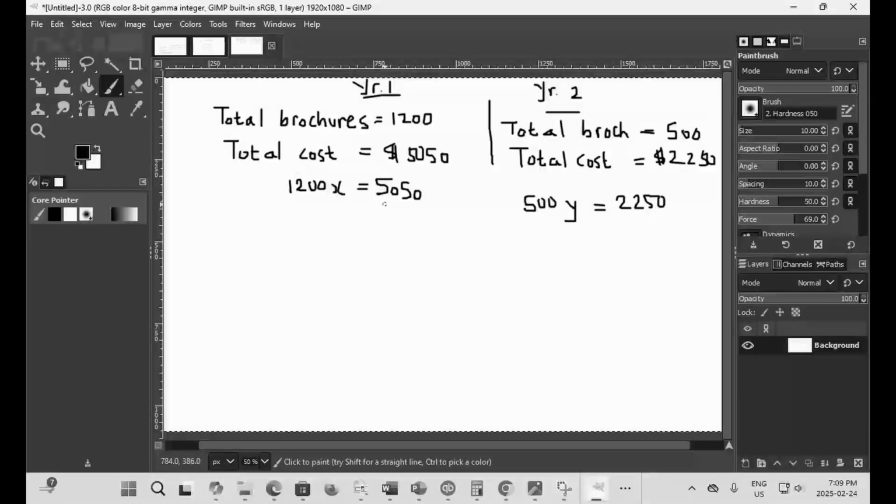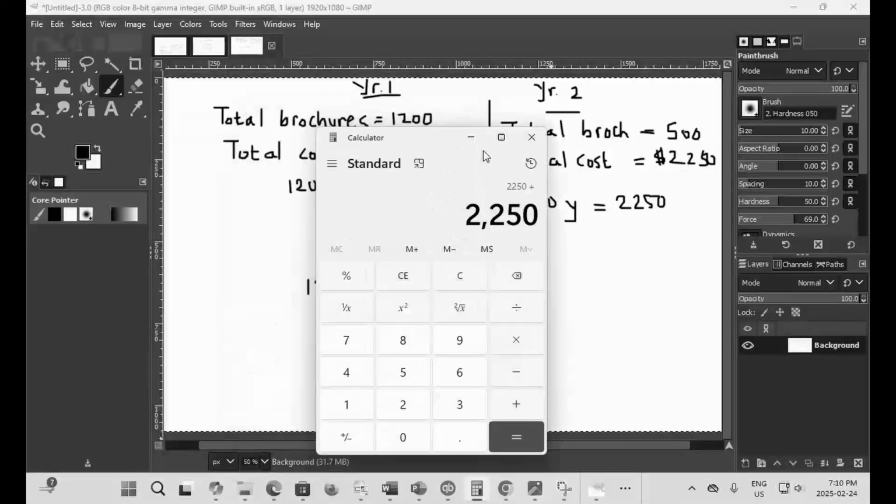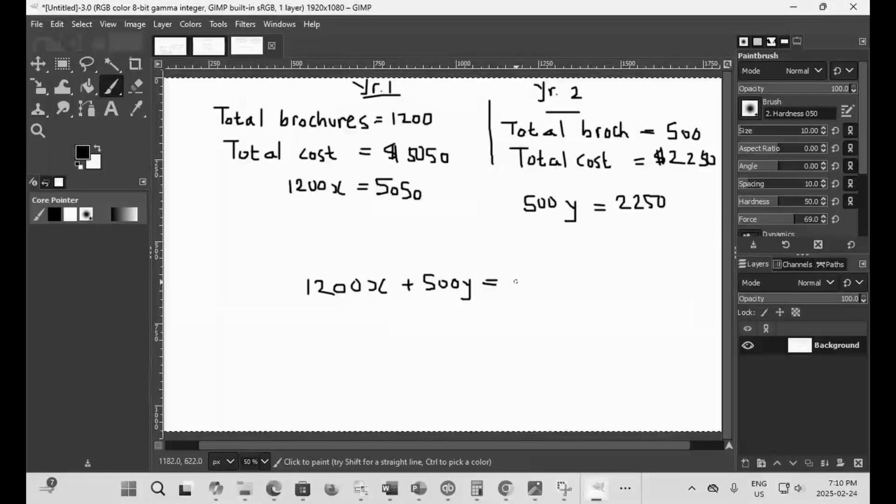To write this in an equation format, we type in 1,200x plus 500y equals 2,250 plus 5,050, which is $7,300. So this will be your equation.